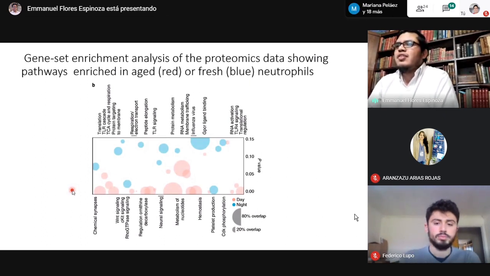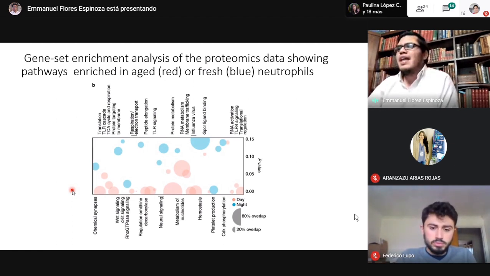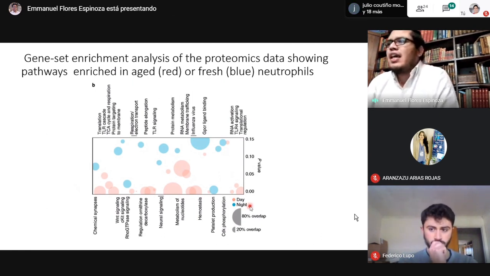And they wanted to know whether the proteome differentially present in these two populations is involved in a specific cellular process, and they did gene ontology analysis of this proteome. We can see in red the proteome of day-like neutrophils, and in blue the data from night-like neutrophils.